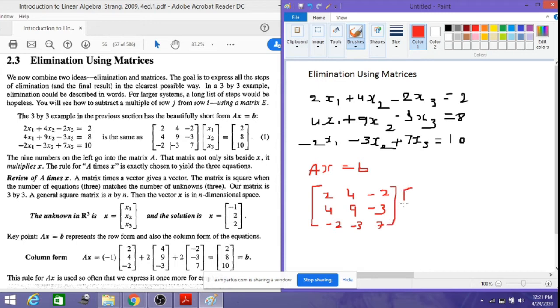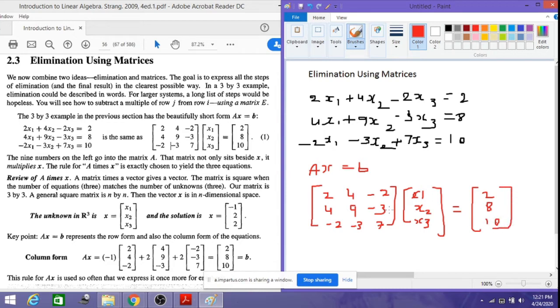And here the unknowns we'll write in a vector form, that is x1, x2 and x3. This is equal to b, the right hand side, that is 2, 8, 10.